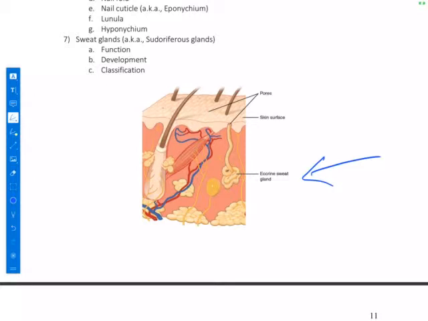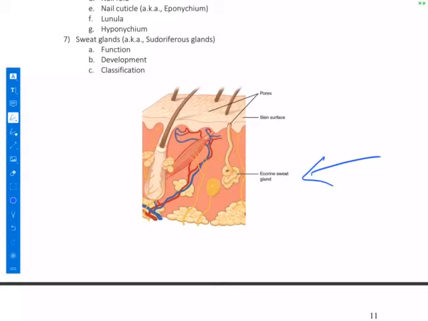The function of the Sudoriferous or sweat glands is to produce sweat to cool the body through evaporation. So the faster something evaporates from your skin, the better it will be at cooling you off. Sweat glands develop from epidermal projections in the dermis.